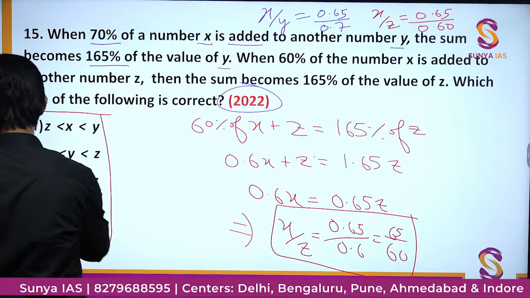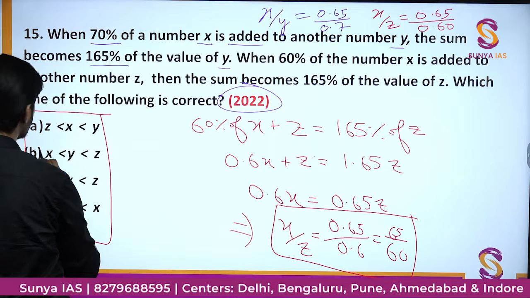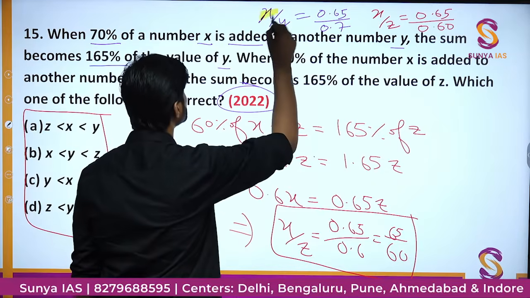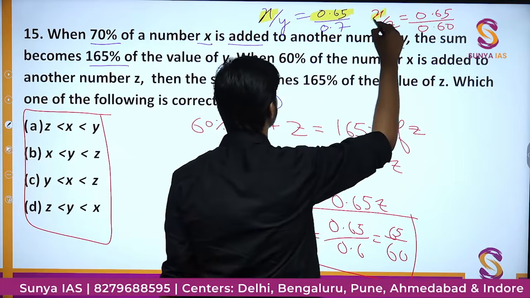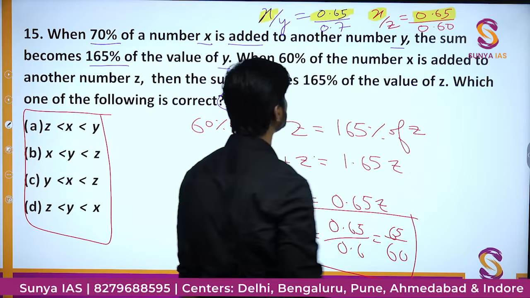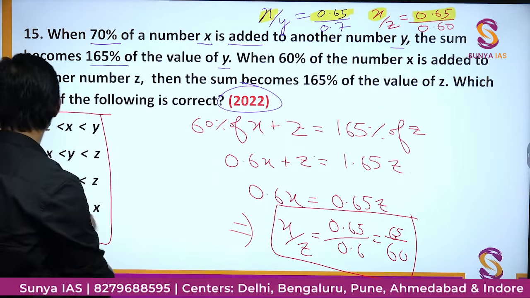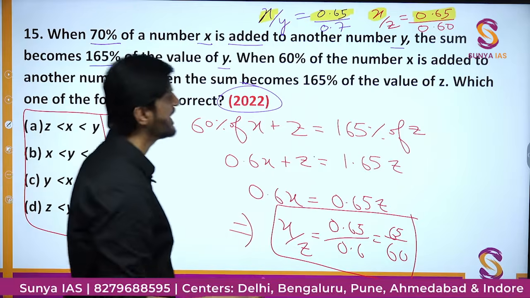If you pay some attention here, you will find that in this ratio, x is the numerator, and here also the numerator is 0.65. Here the value of x is in the numerator, and here 0.65 is in the numerator. So one can assume that x might be equal to 0.65.